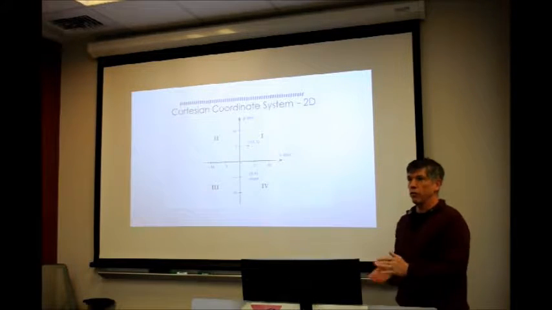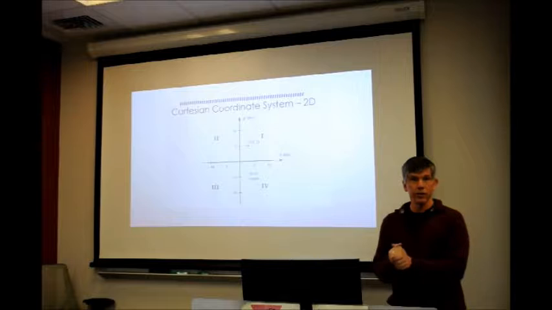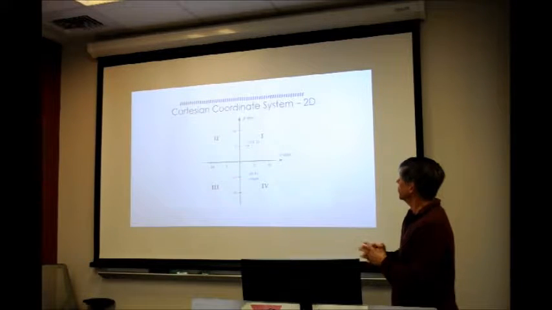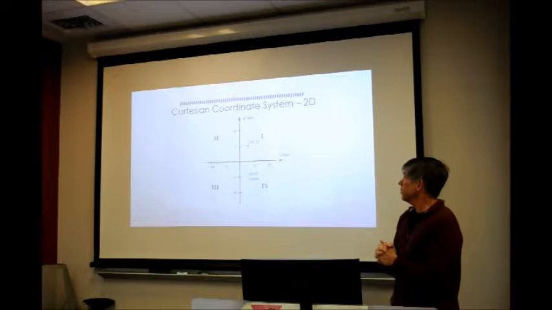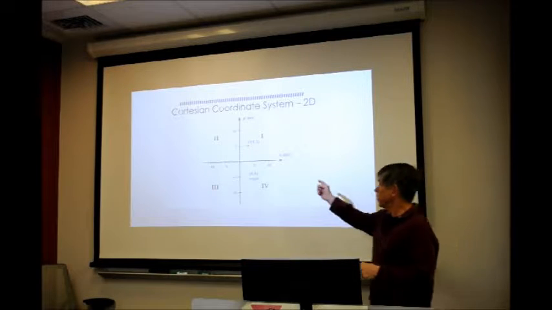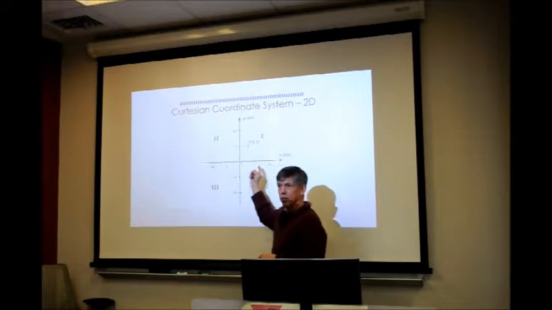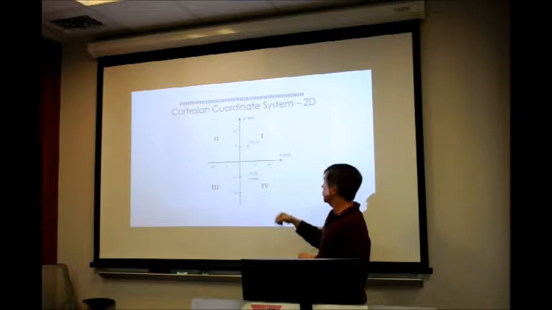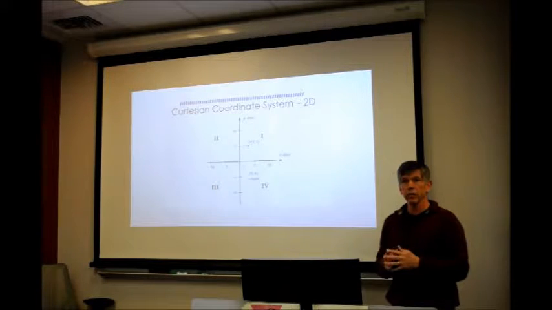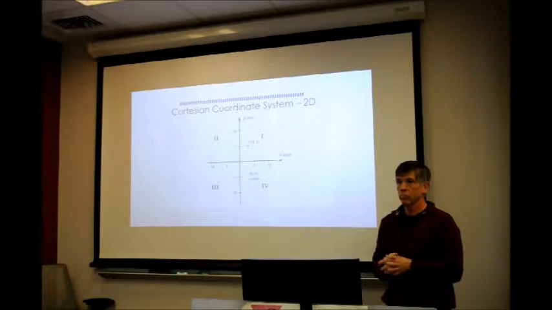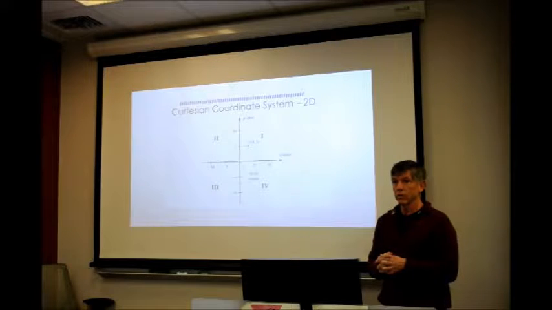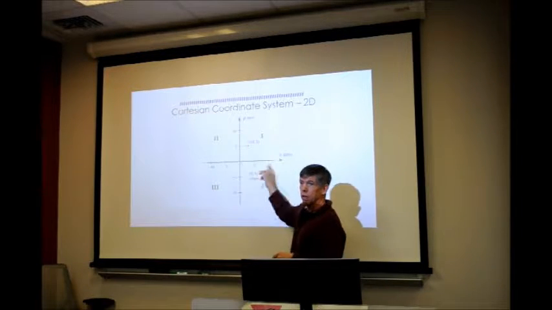Okay, so we've seen this before, probably in your math classes and in here. This is a 2D Cartesian coordinate system. So here's our x-axis and our y-axis. And which way is positive and which way is negative? Up and right. Positive, positive.